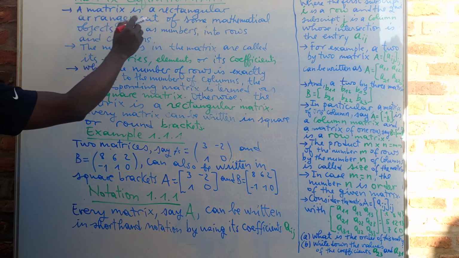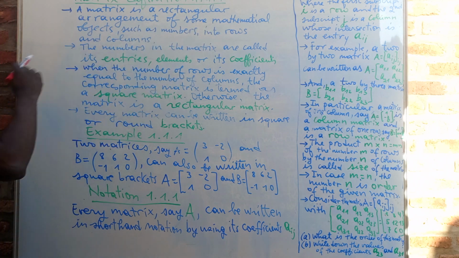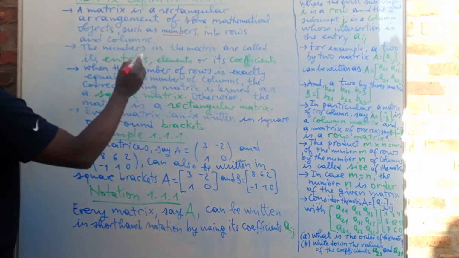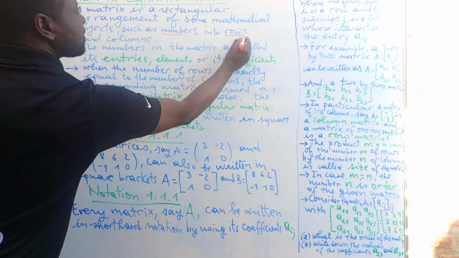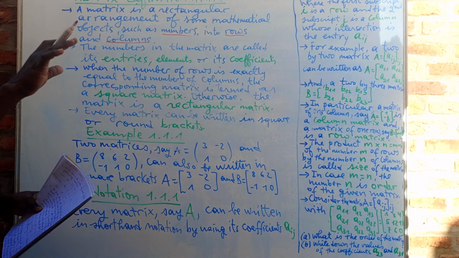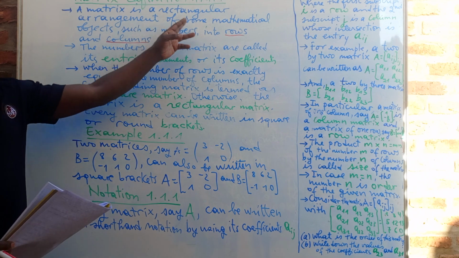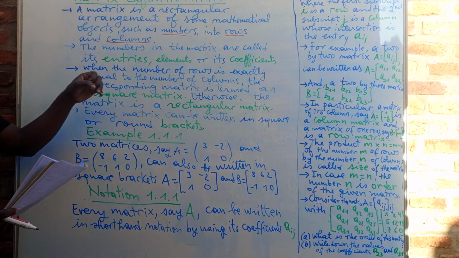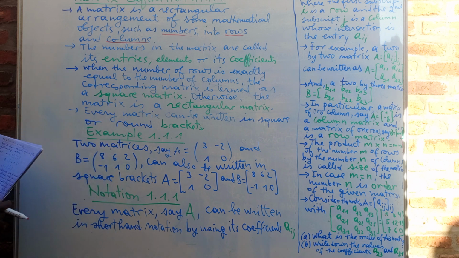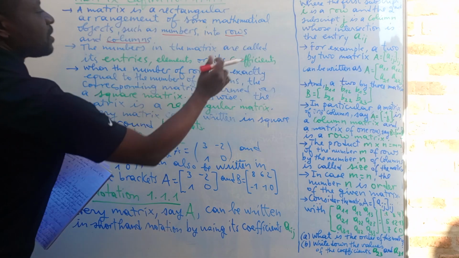Here a matrix is a rectangular arrangement of some mathematical objects such as numbers, into rows and columns, making a table of rows and columns of some mathematical objects, especially numbers in our case. Each number is the entry, element or coefficient.